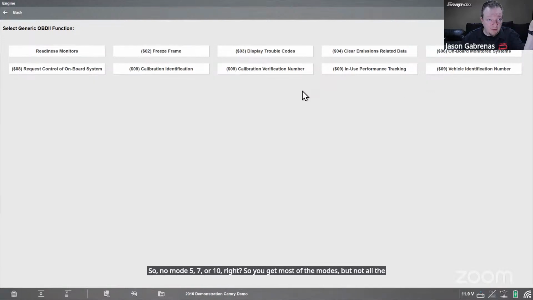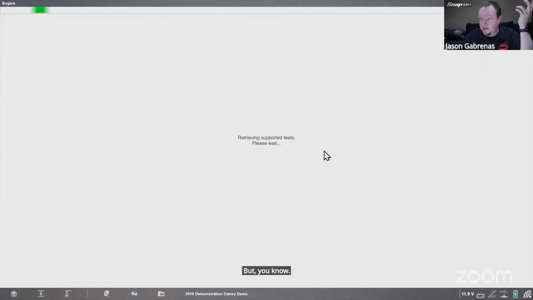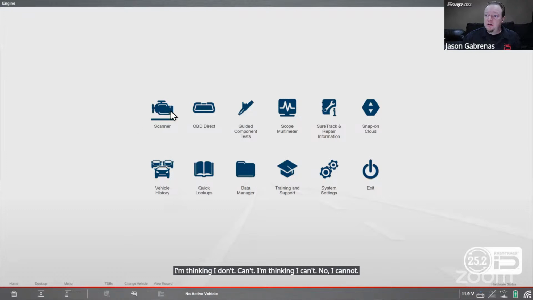If you wanted to get those directly, you can go over into OBD Direct and do it that way. But even mode 6 information is available in there. I'm not sure if this works on the demo vehicle. I'm thinking I can't. No, I cannot. Okay. Let's go back in there.